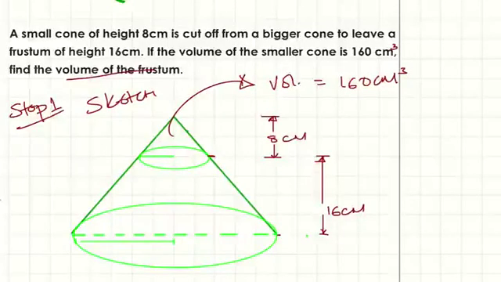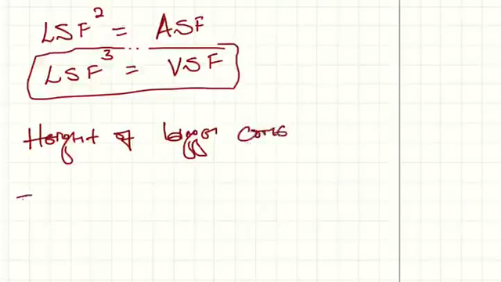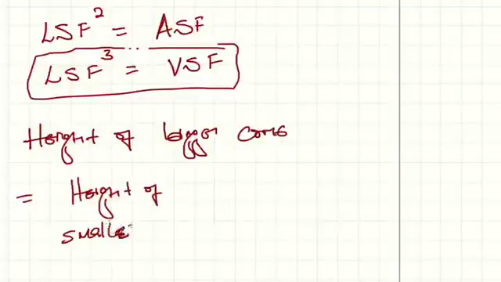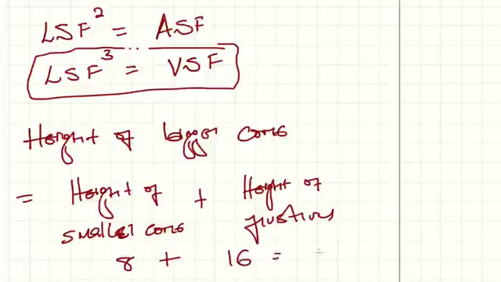So let's find the height of the bigger cone. Height of the bigger cone will be equal to height of smaller cone plus height of frustrum, which is equal to 8 plus 16, which is equal to 24 centimeters.